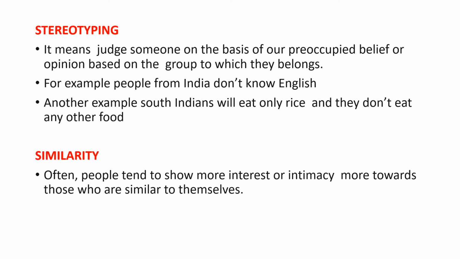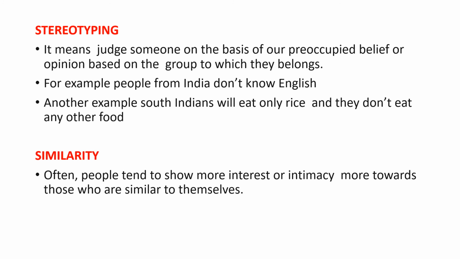Another thing is stereotyping. Stereotyping means judging someone on the basis of a preoccupied belief or opinion based on the group to which they belong. I will tell you an example, then you will easily understand. People from India, they don't know English. People from Western English-speaking countries may say Indians don't speak English because they're not from an English-speaking country. They have different languages and regional languages, so they are not good in English.